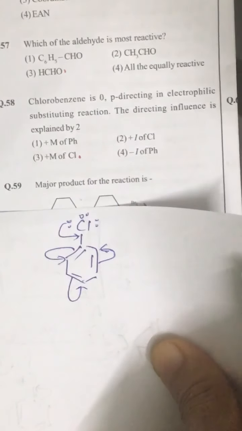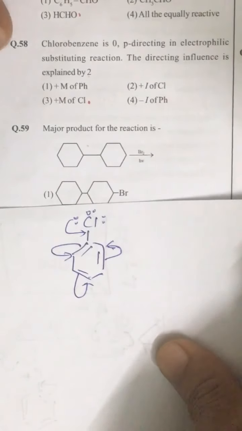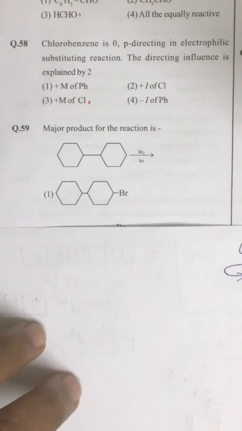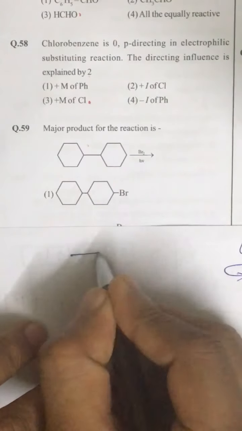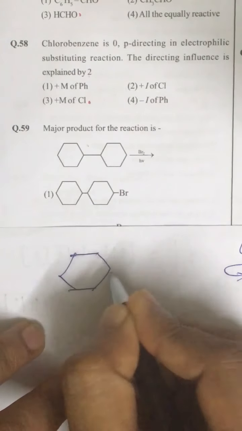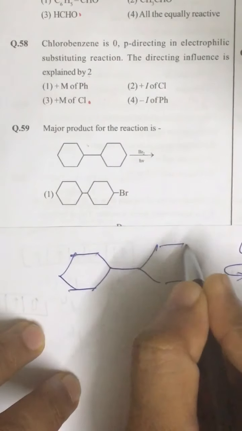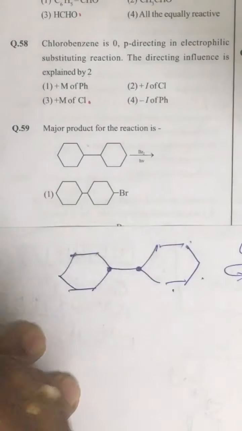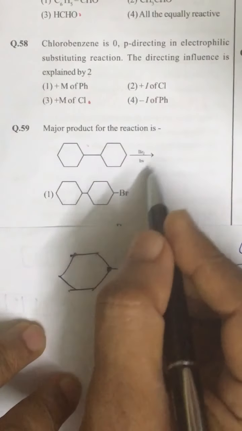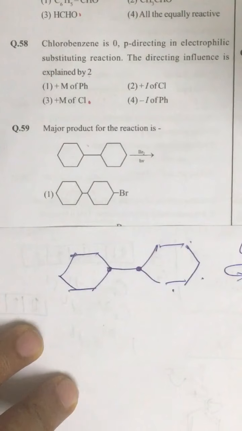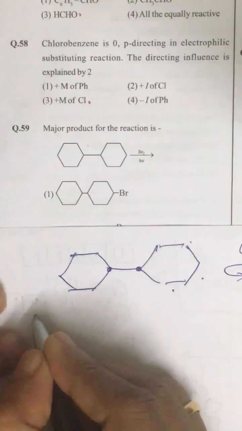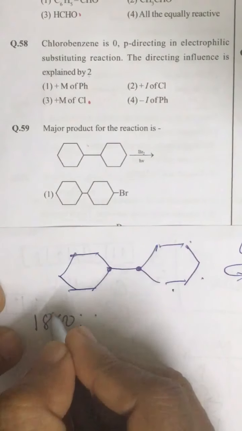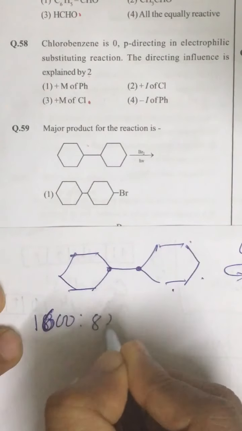Question number 5.9. The major product in the reaction. Now see, in this compound we have all 2-degree carbons, and these two carbons are 3-degree carbons. Towards bromination during free radical substitution, the reactivity order follows 1600 is to 82 is to 1.